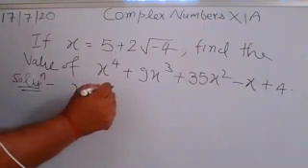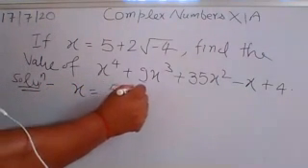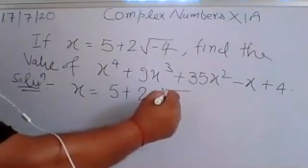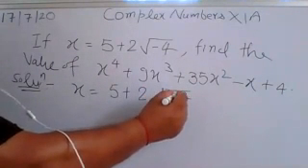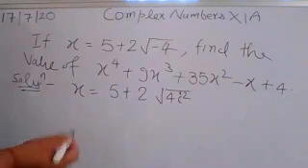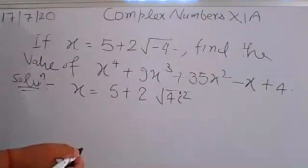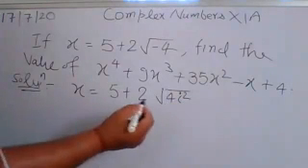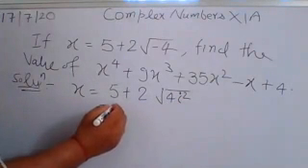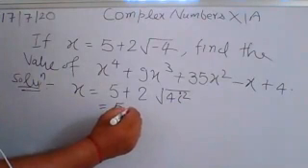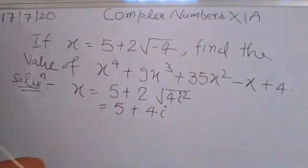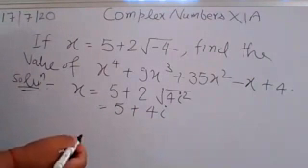Here you have x is equal to 5 plus 2 under root minus 4, and that can be written as 4i square, because you know the value of i square is equal to minus 1. So you write here 4i square, and that is equal to 5 plus 4i, that gives the value of x.